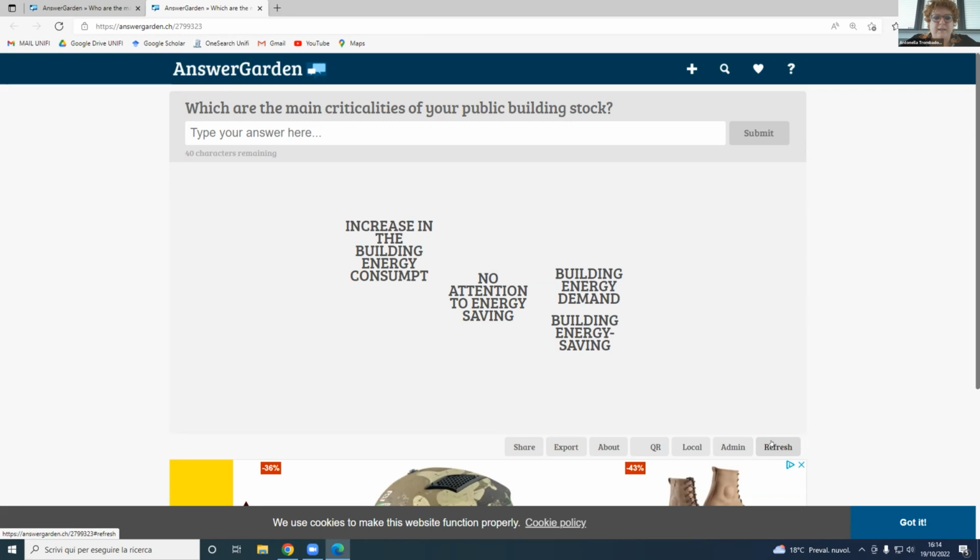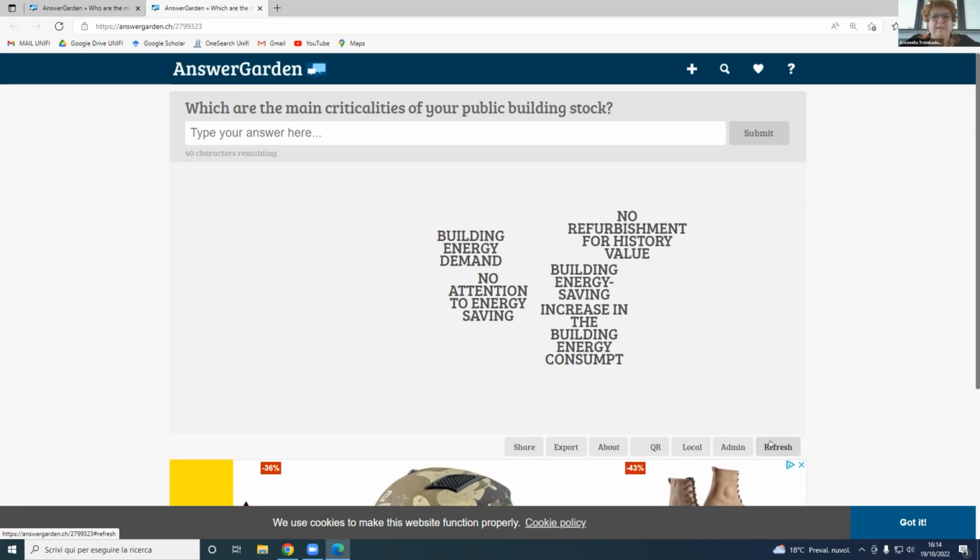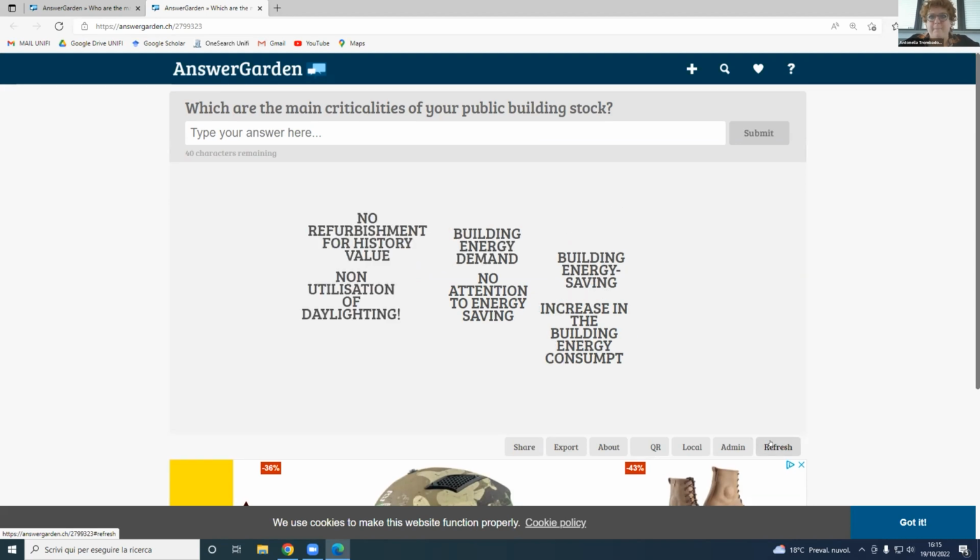But we are trying to complete the overview, introducing passive solutions, the architectural aspect, so to analyze the building like an organism. So not only the performance of mechanical plants.